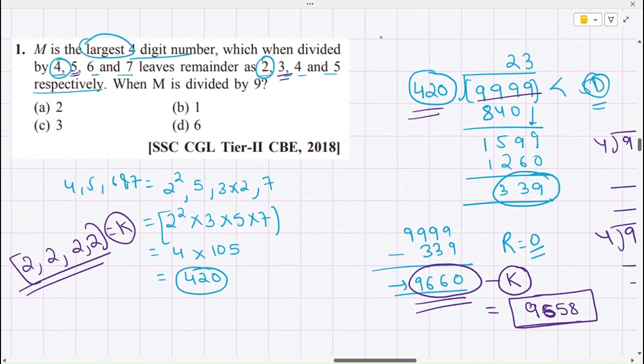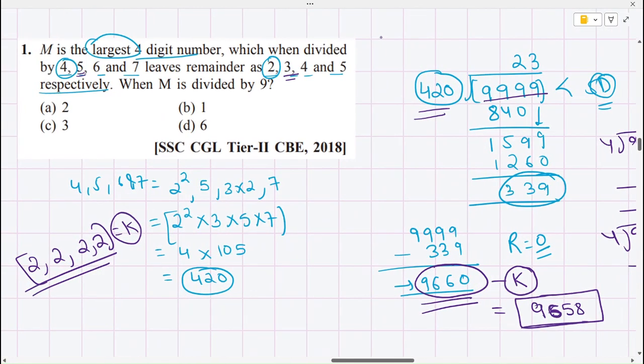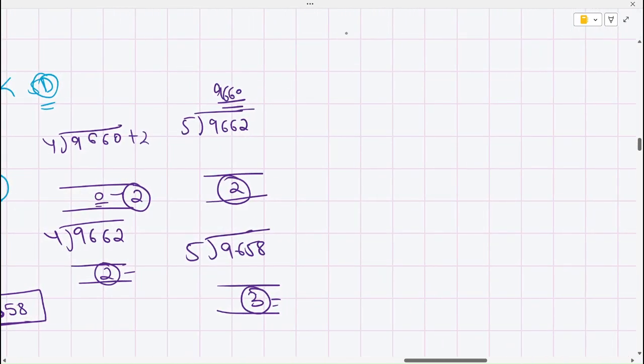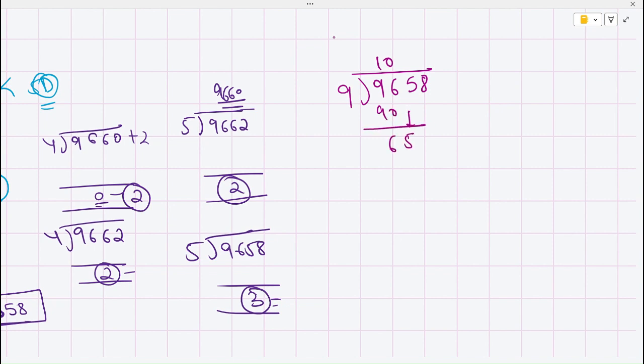So in this particular question, they are asking what will be the remainder when this particular number is divided by 9. So we'll check by dividing this number by 9. So if we write here 9658 and divide it by 9, the remainder that we'll receive will be equal to 1 here.